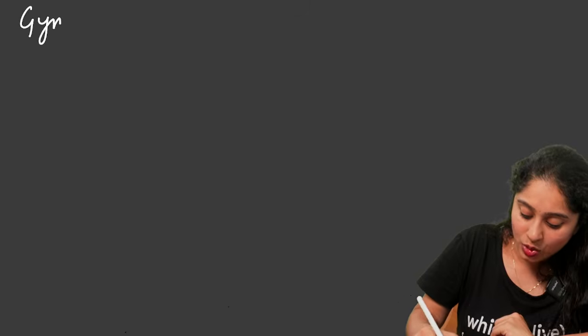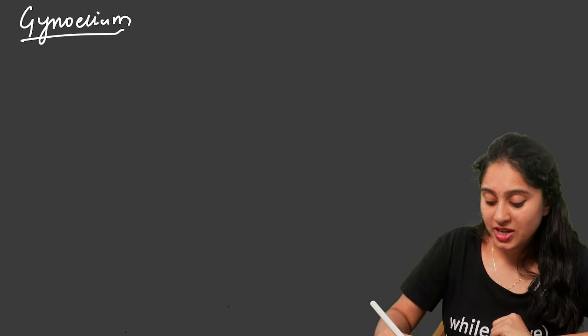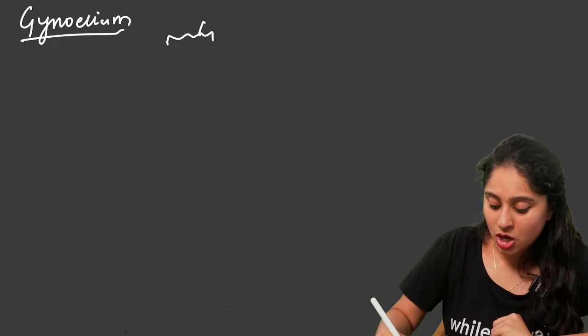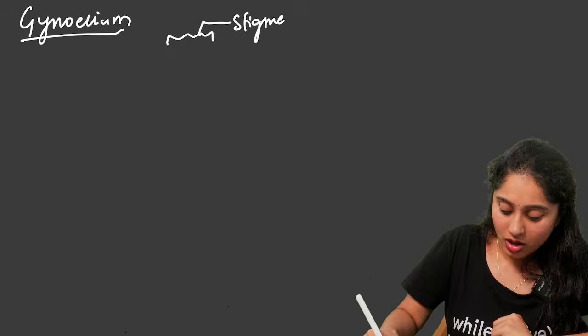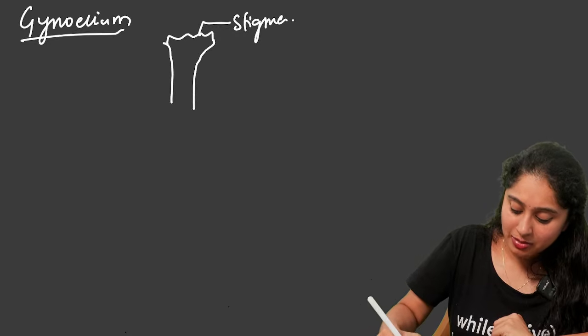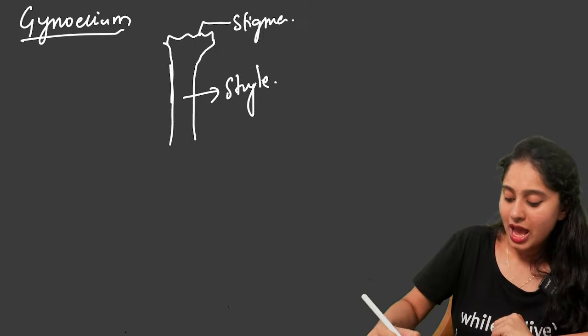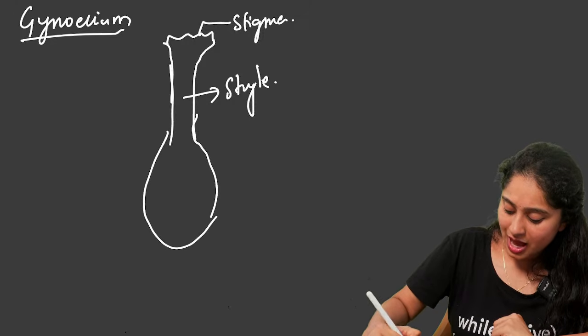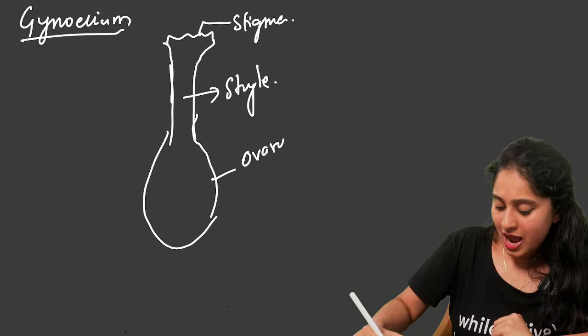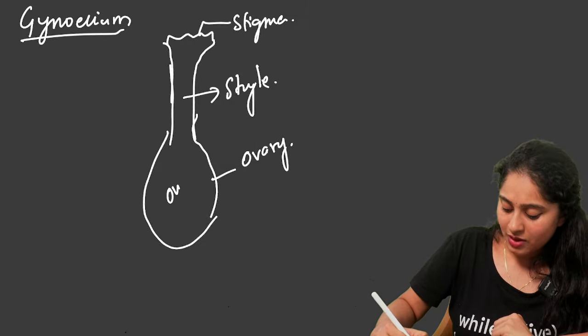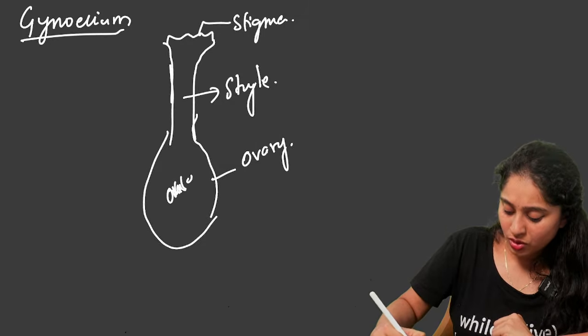Now when you look at the gynoecium, first we have a landing place called the stigma. Inside the stigma we have a long tube called the style. Inside the style we have the ovary, and inside the ovary we have the ovule.